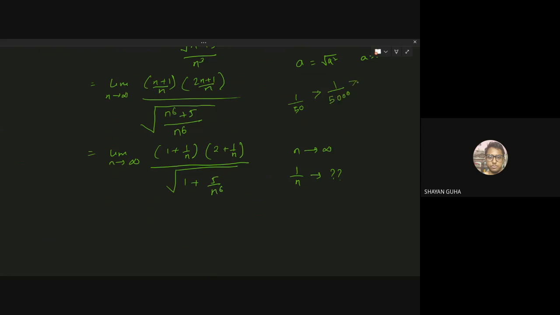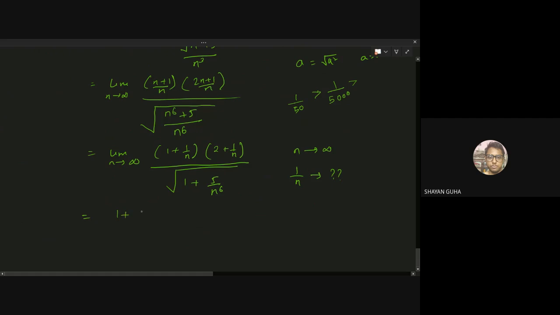Obviously, as we go on increasing the value of the denominator, the number will become smaller and smaller. If we make the denominator sufficiently large, then the number will become very, very small, as if it is close to 0.